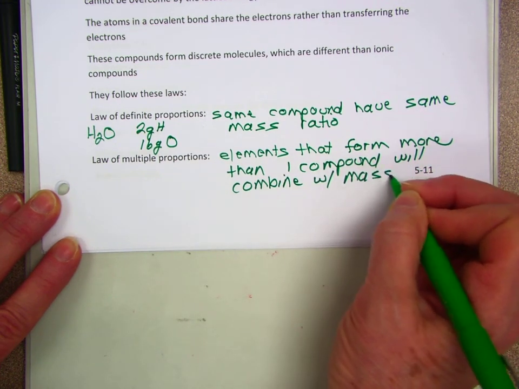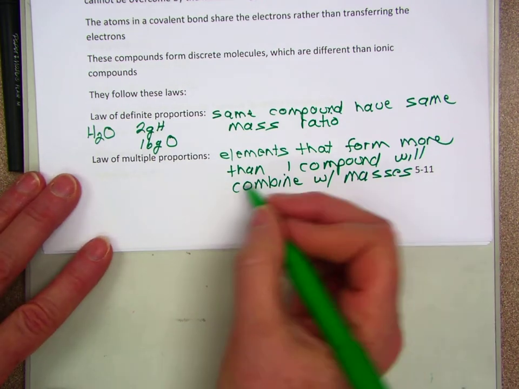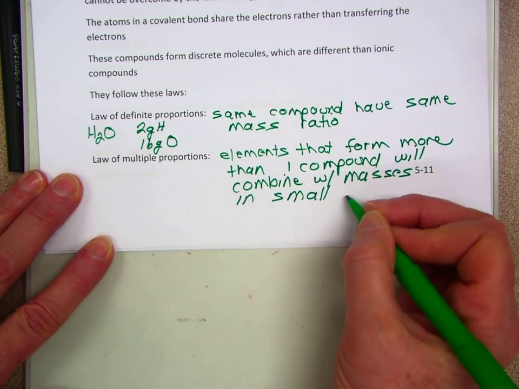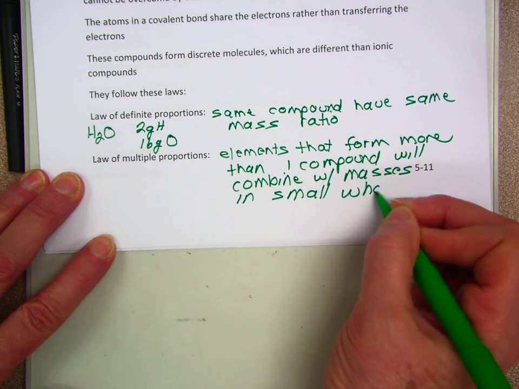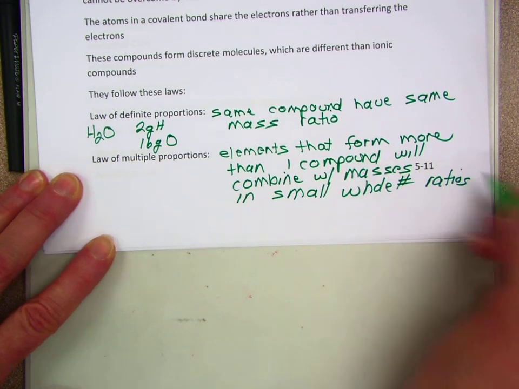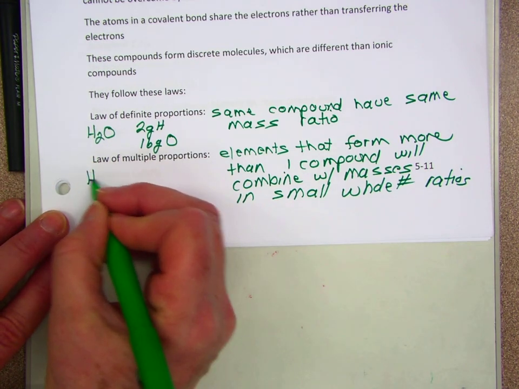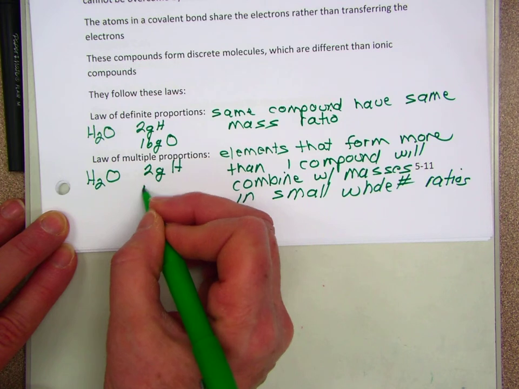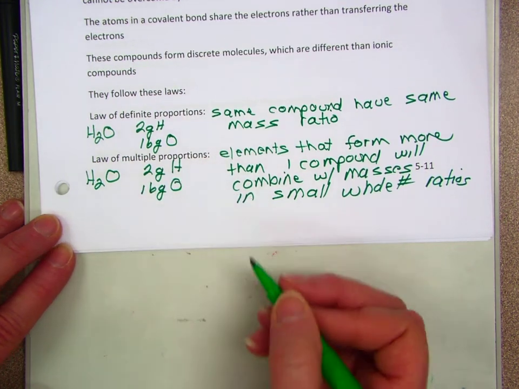Now, when you look at this in writing in words, it doesn't make any sense at all. So you have to look at an example, small whole number ratios. So we looked at water, H2O. It has 2 grams of hydrogen and 16 grams of oxygen.